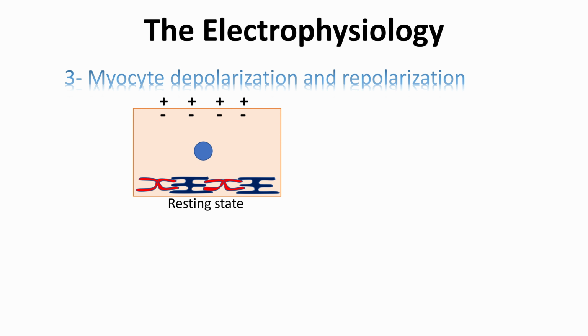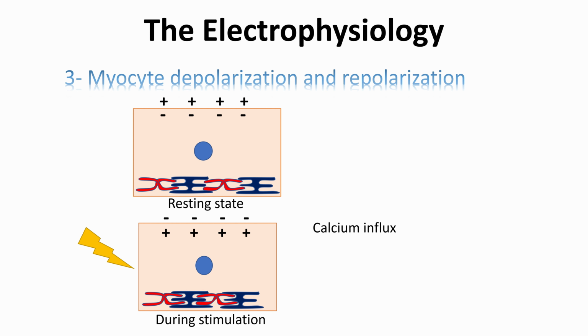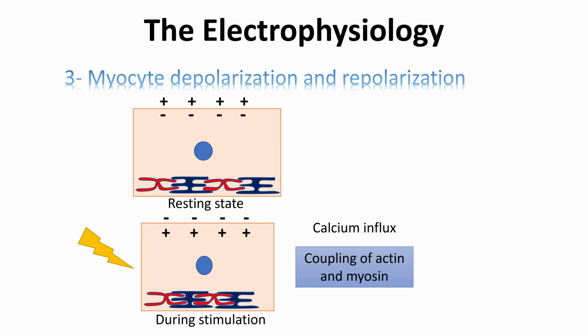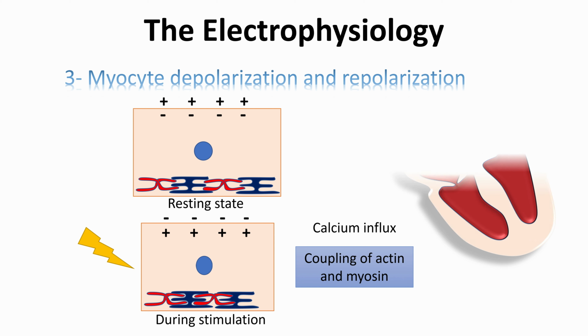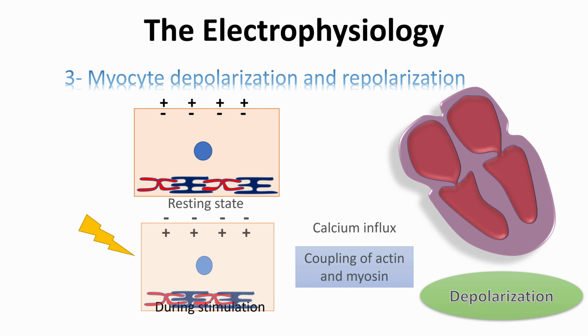When stimulated by an electrical impulse, the charge is altered by an influx of calcium ions across the cell membrane. This results in coupling of actin and myosin filaments and muscle contraction. The spread of electrical impulse through the myocardium is known as depolarization.